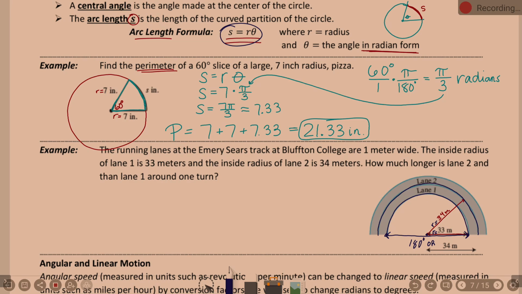What am I going to need for my formula? Can I use 180 degrees in my formula? So 180 degrees, if we convert that to radians, what are you multiplying by? Pi over 180. So 180 degrees is equal to pi.